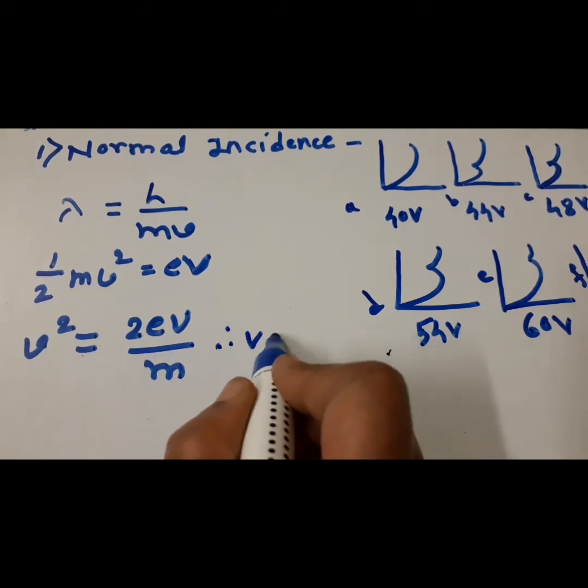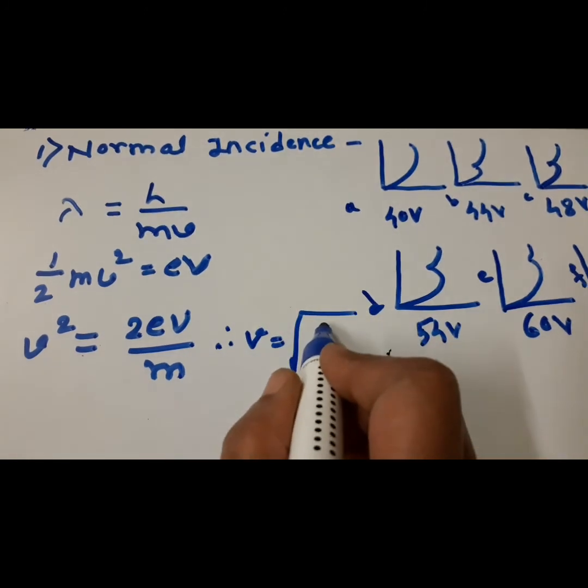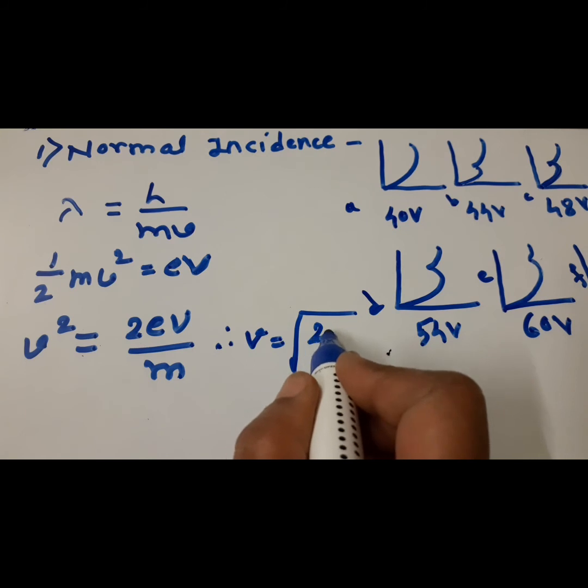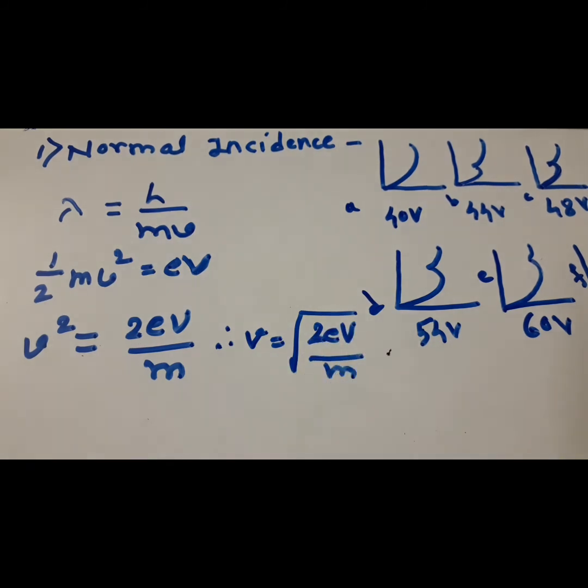Therefore v is equal to under root of 2eV upon m, isn't it?